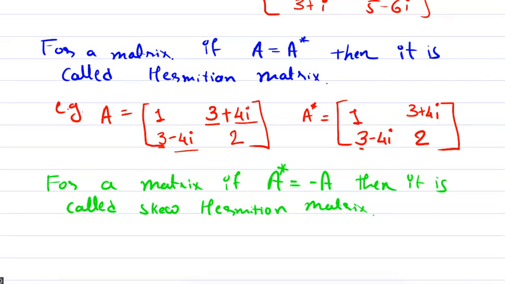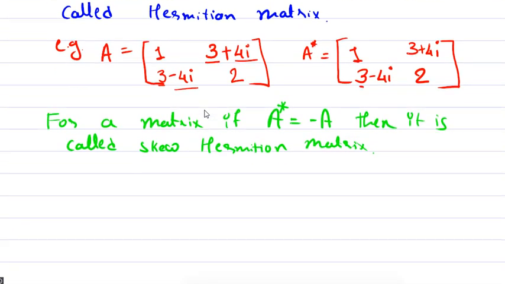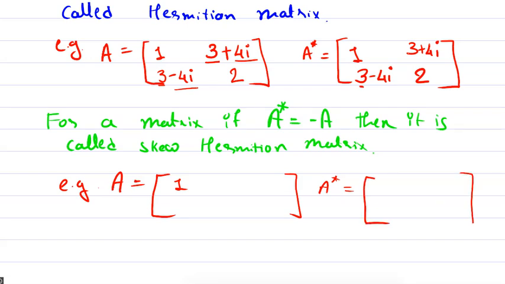Similarly, for the skew-symmetric matrices, if you are interested in the example, what I have to do, see if I place here 1, then in the A star it will be conjugate. So my 1 here and its transpose will place here, but I want minus it. So I cannot place 1 here.